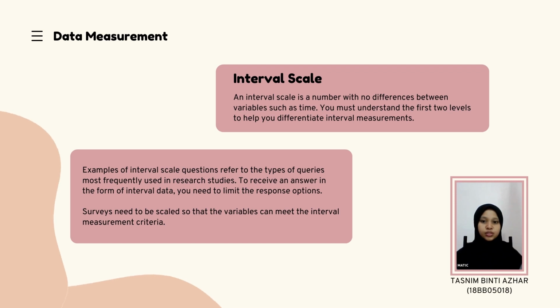Researchers may use research studies such as consent, satisfaction level, or likelihood. Surveys need to be scaled so that the variable can meet the interval measurement criteria. Otherwise, the data you receive in feedback will be difficult to measure.